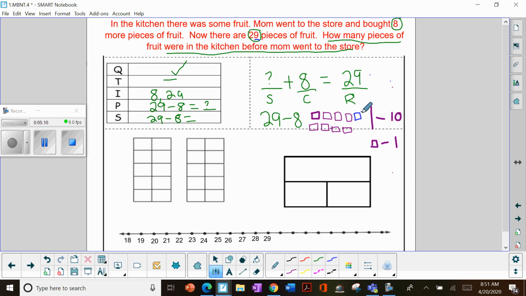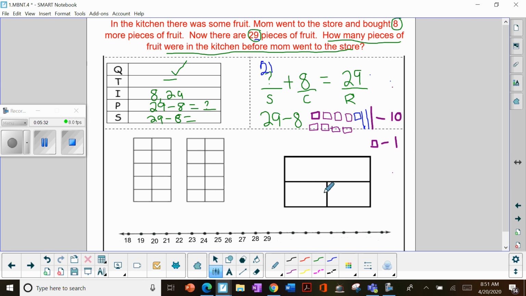So 1 and 2. All right. So how much did I add here? Well, I have 2 of the 10 rods, 10, 20, and 1 is 21. So I think my answer is 21 right now.